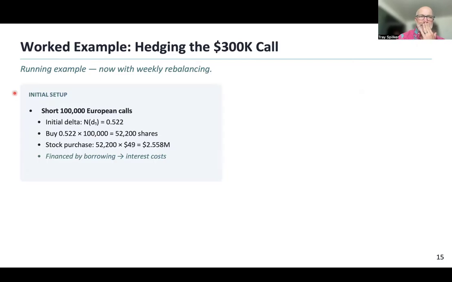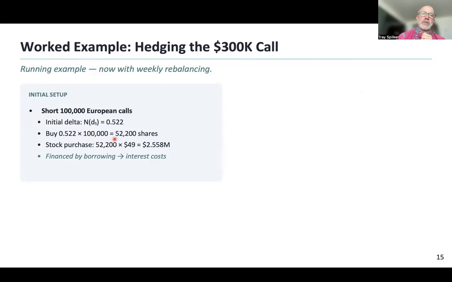So here's our rebalancing. Our initial setup, right? We shorted those 100,000 European call options. If we calculate the initial delta of that position, we see that it was 0.522. And so what we would do, of course, is buy 0.522 times 100,000 shares, or we'd buy 52,200 shares in order to hedge this written call position.